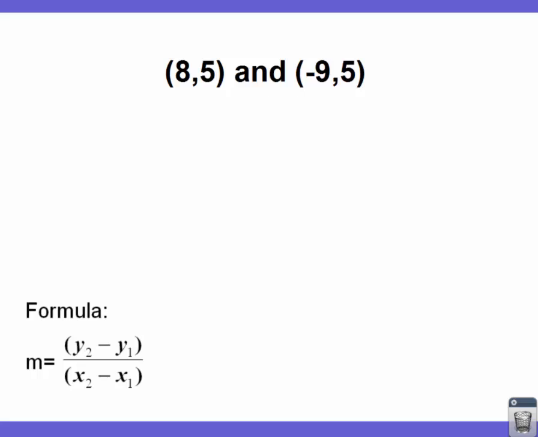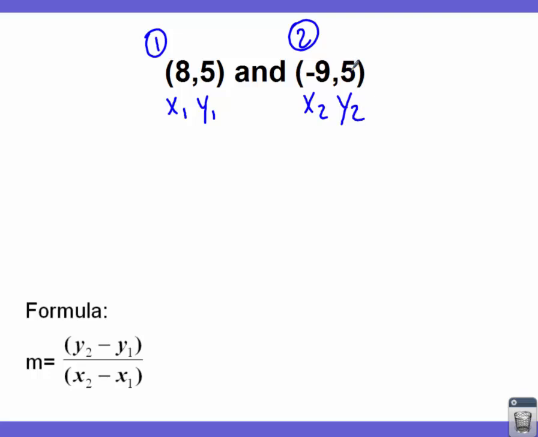Okay, so here, first thing, we identify our points, and then we identify what's what. So this one is x1, y1, x2, y2. Once you get used to this, you don't have to actually label those. It makes it very easy.